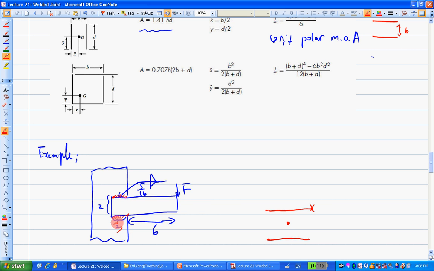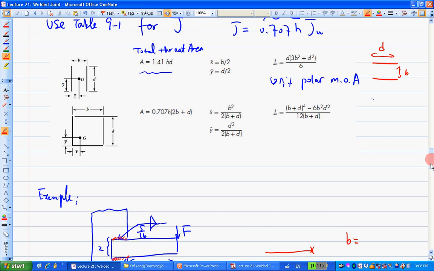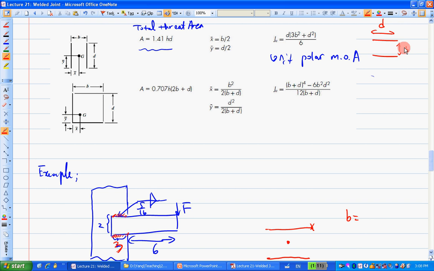Let's say this is 3 here. So what's B? B equals 2 or 3? To 2. D is 3.